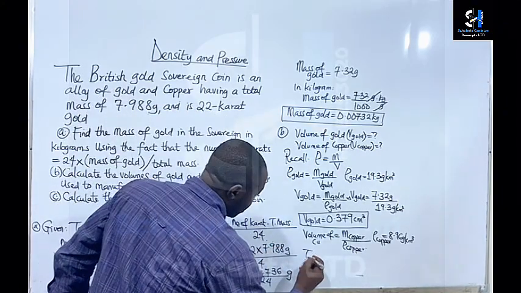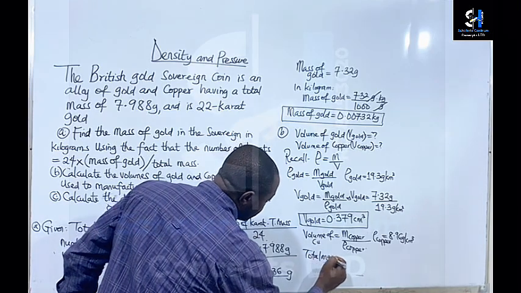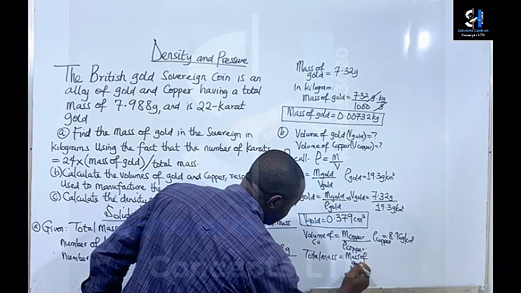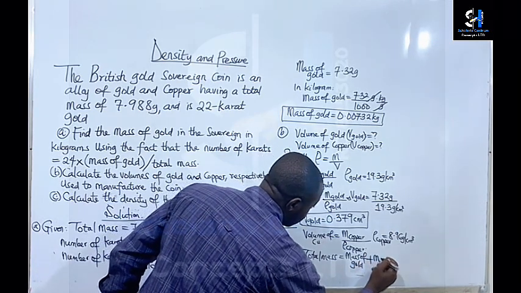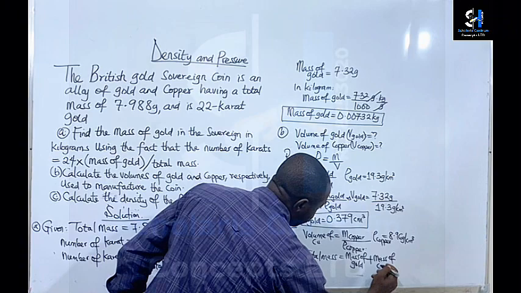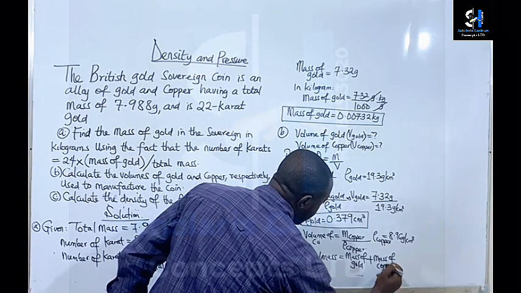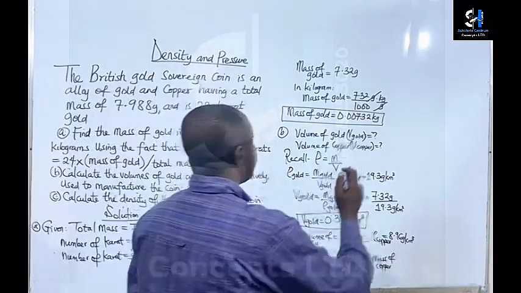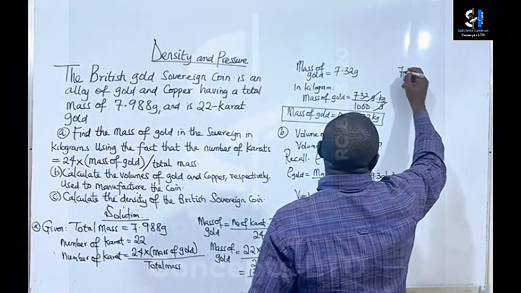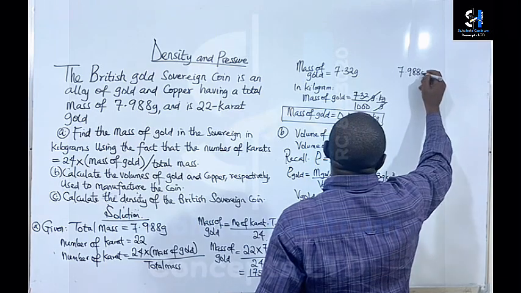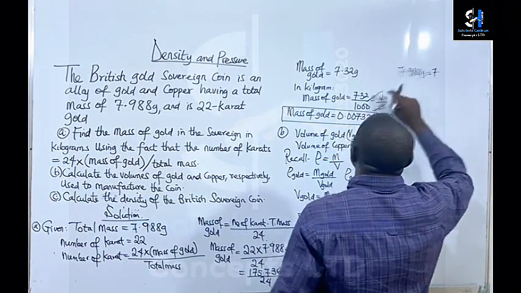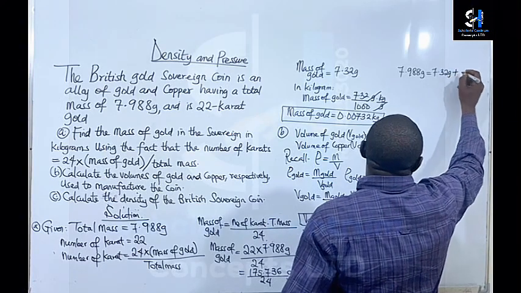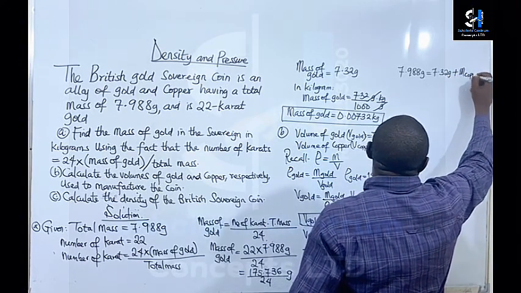So the total mass, 7.988 grams, equals 7.32, which is the mass of gold, plus the mass of copper.